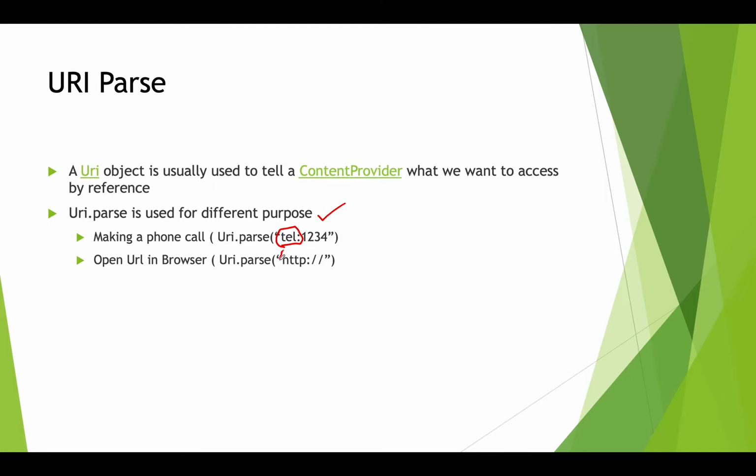If you want to open a page, HTTP; these schemas are available. Content providers will give them. If you hit call from your application, it will go and call your phone number. I hope you are clear what URI parse is.